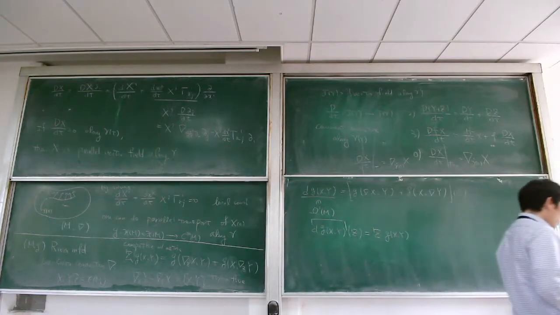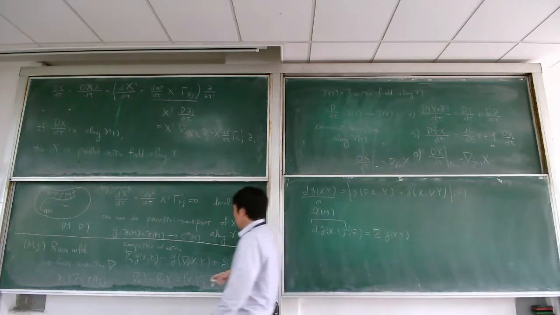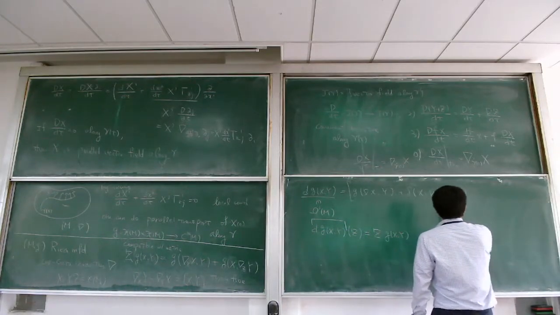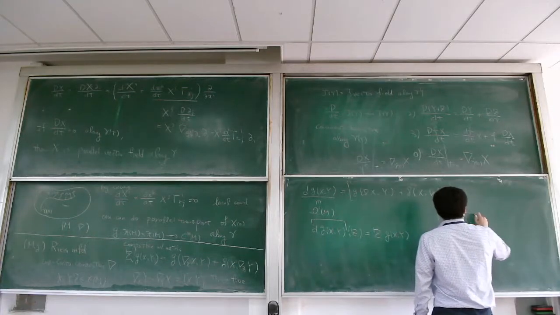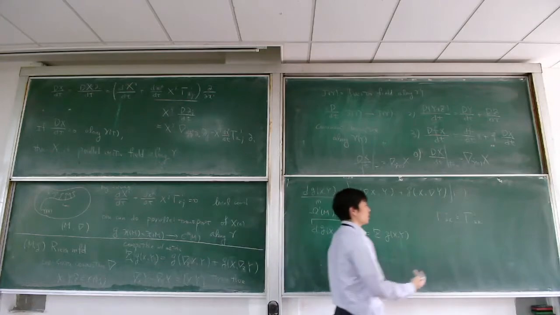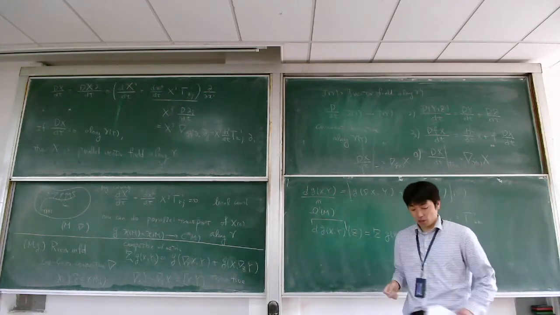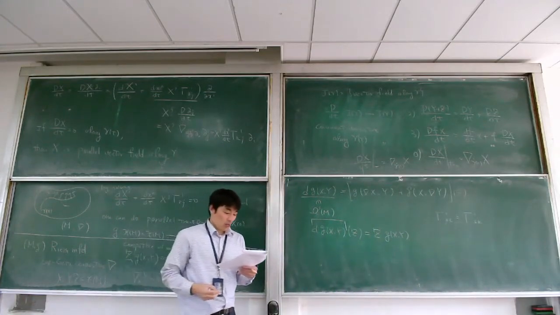Okay. And if you use local coordinates, the second condition is just symmetry: the Christoffel symbol is symmetric under exchange of the lower two indices.